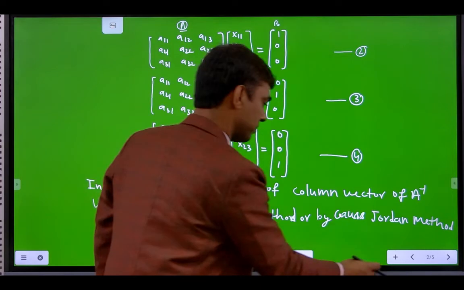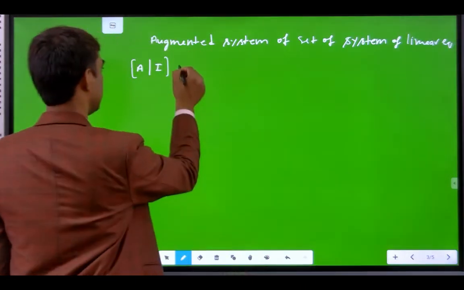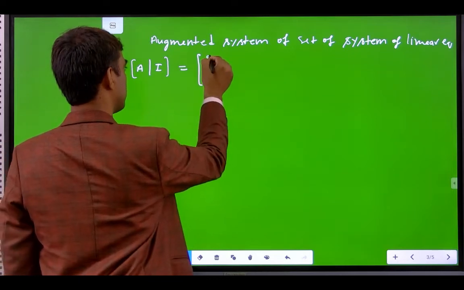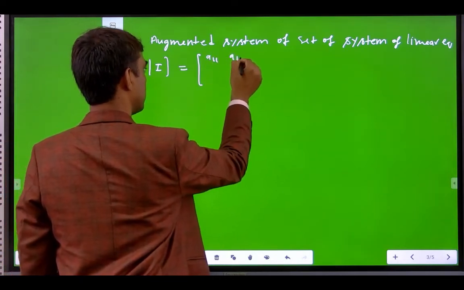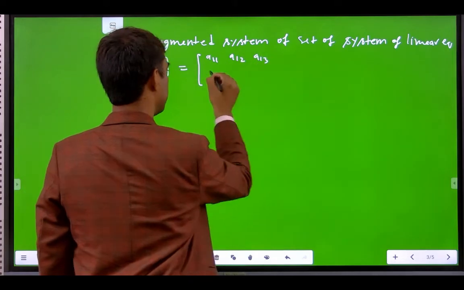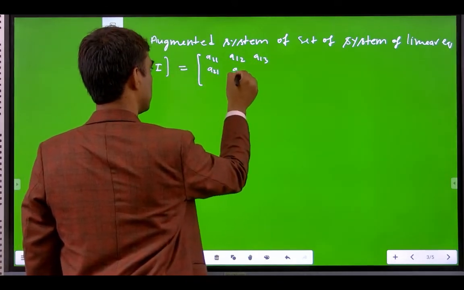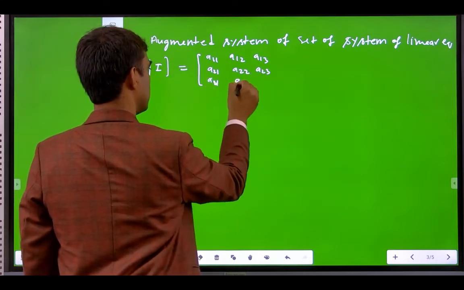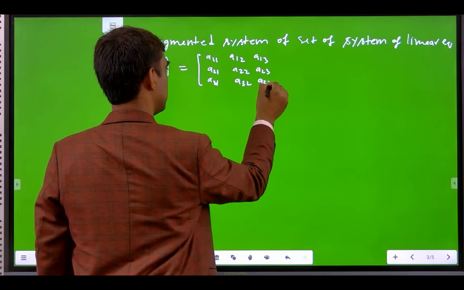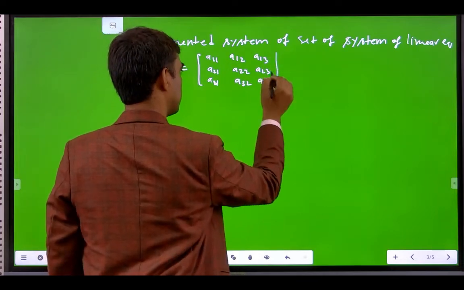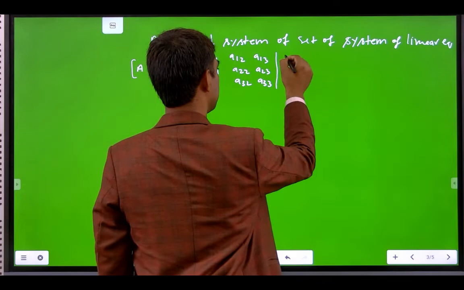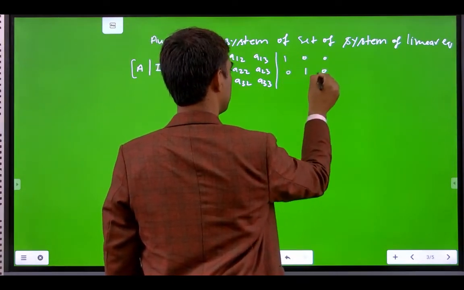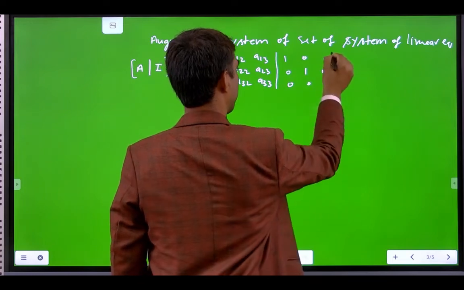So the augmented system becomes A11, A12, A13, A21, A22, A23, A31, A32, A33, partition, and here we write a unit matrix, meaning 1 0 0, 0 1 0, 0 0 1.